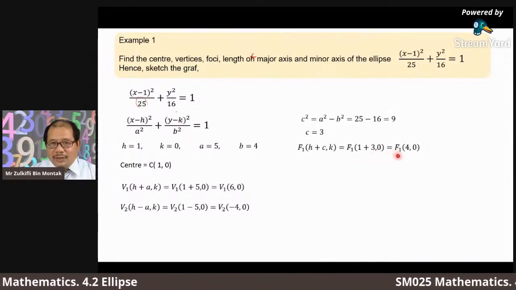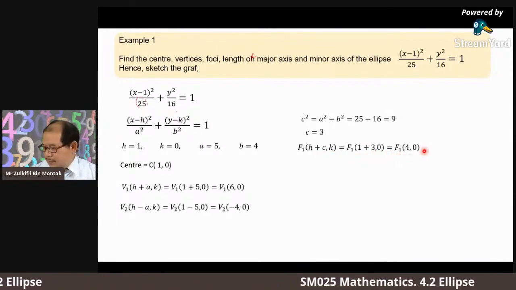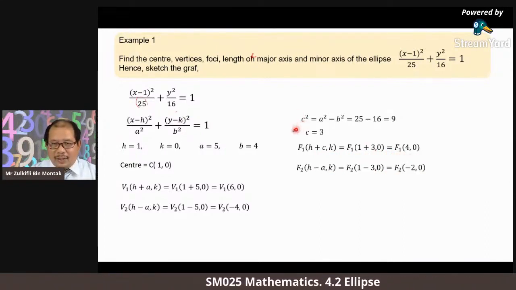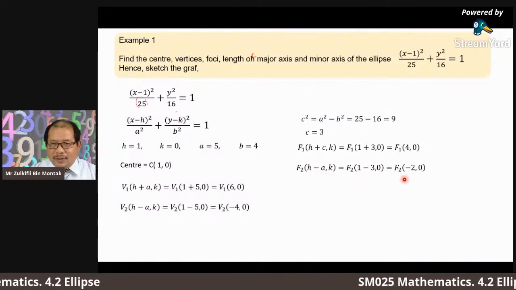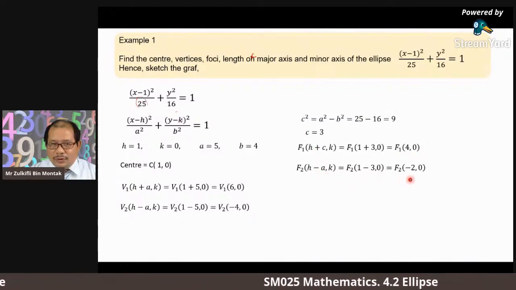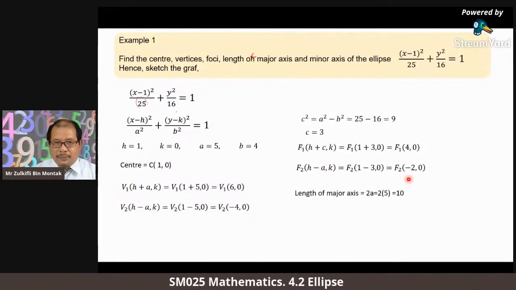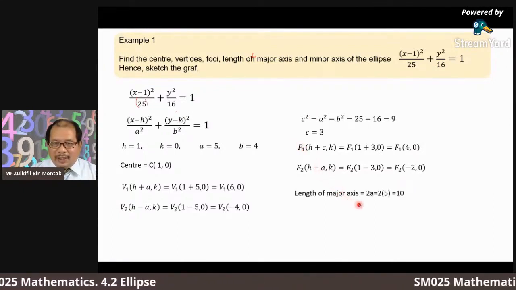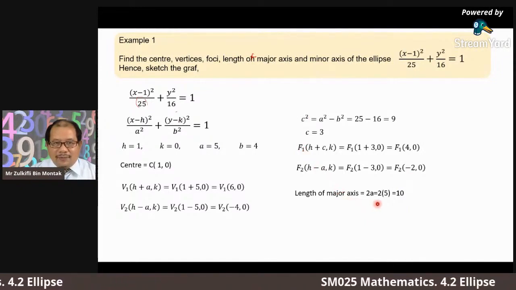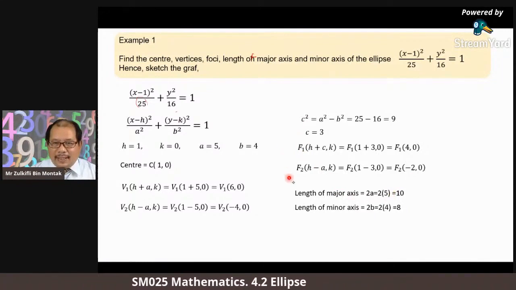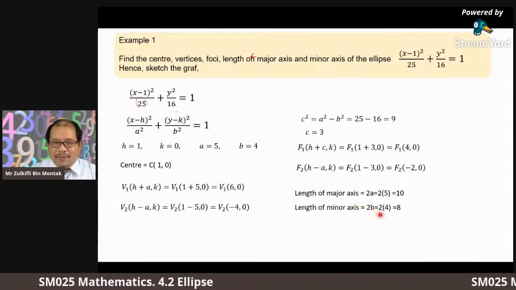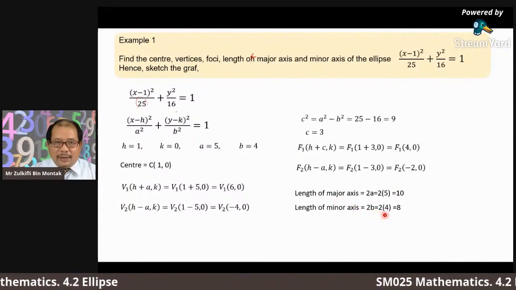The first focus is (4, 0). The second focus is (1 minus 3, 0), so the other focus is (negative 2, 0). The length of the major axis equals 2 times 5 equals 10, and the length of the minor axis equals 2 times 4 equals 8.